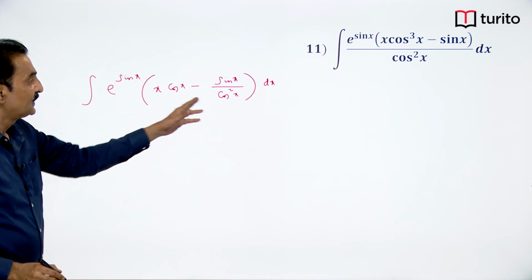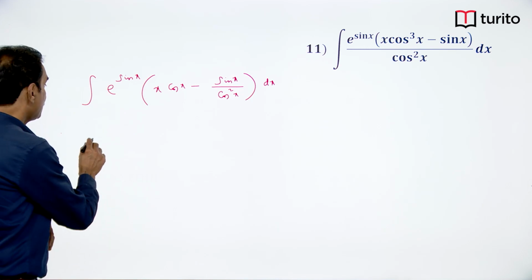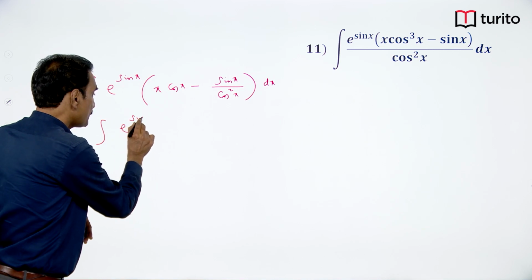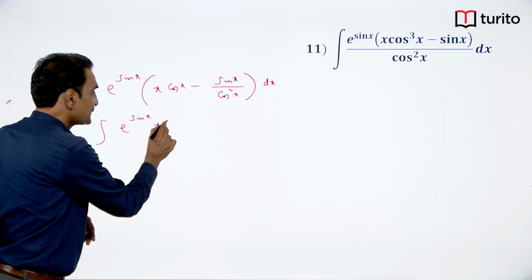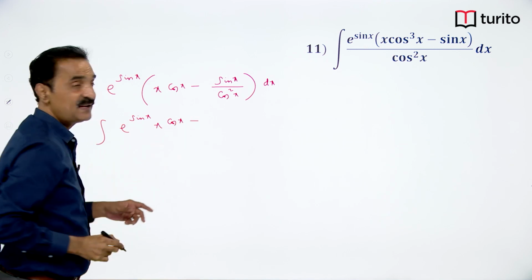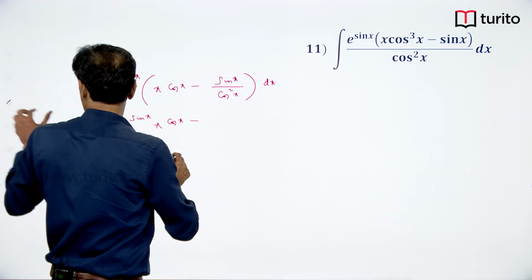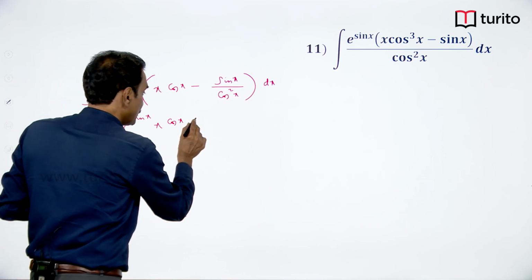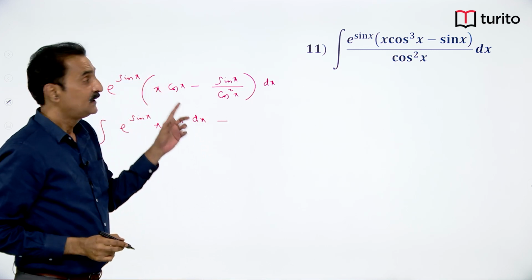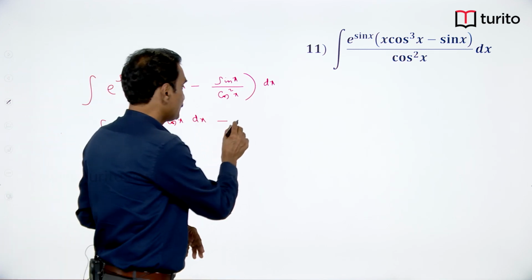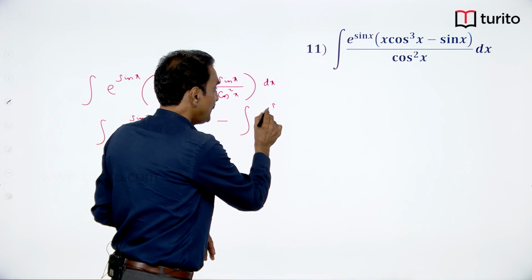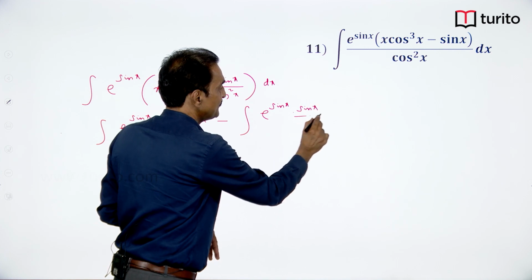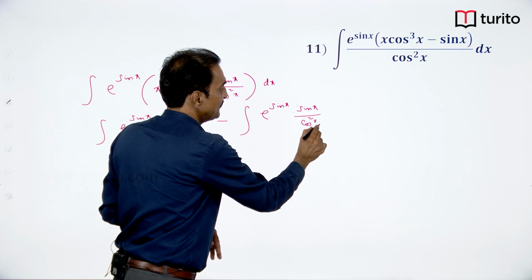Now, separate into two integrals: integral e power sin x into x cos x dx, minus integral e power sin x into sin x by cos square x, right.